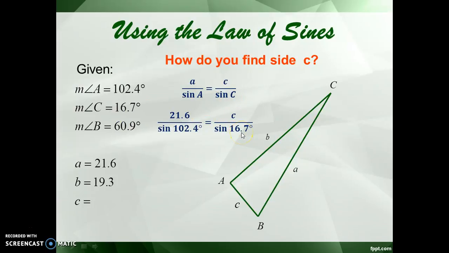So again, the same procedure. To get the value of c here, we just multiply 21.6 and the sine of 16.7 degrees and divide it by the sine of 102.4 degrees. Multiply this and divide by this. So c here is equal to 6.4.